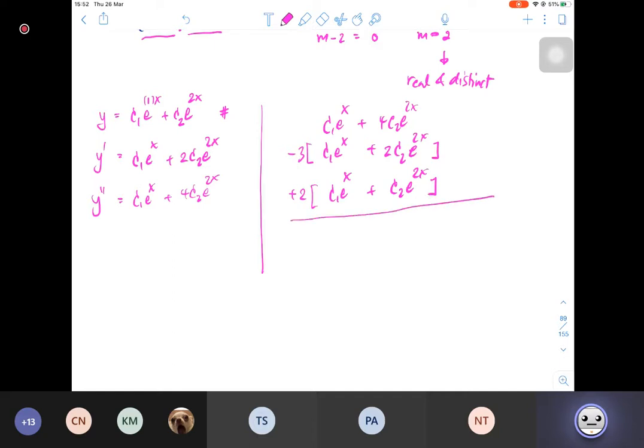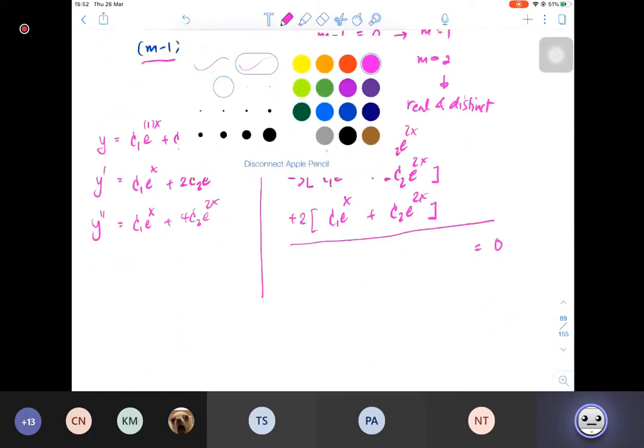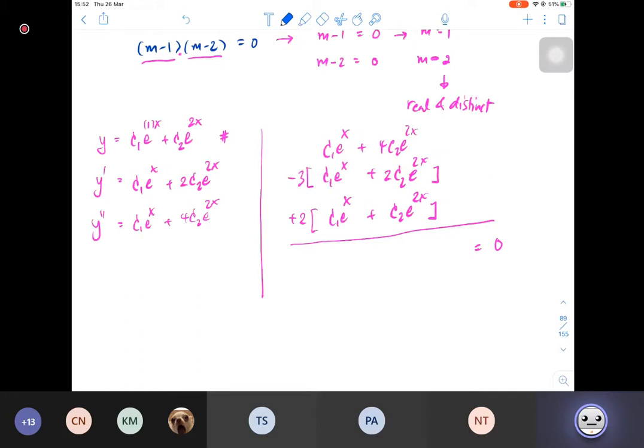You should have 0, because the right-hand side is 0. For the C2 terms you have 4, minus 6, and 2, which add up to 0. For the C1 terms you have 1, minus 3, and 2, which also add up to 0.